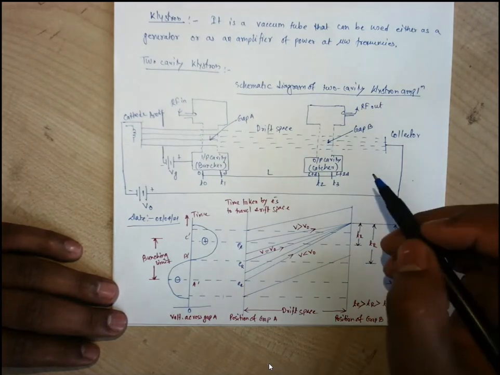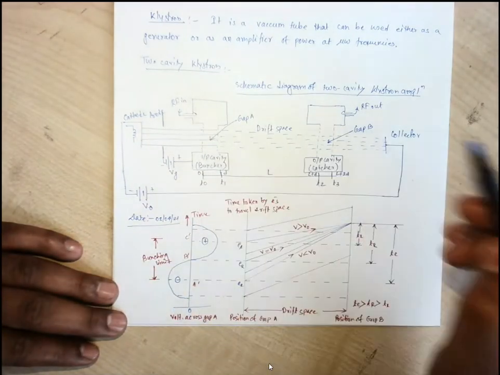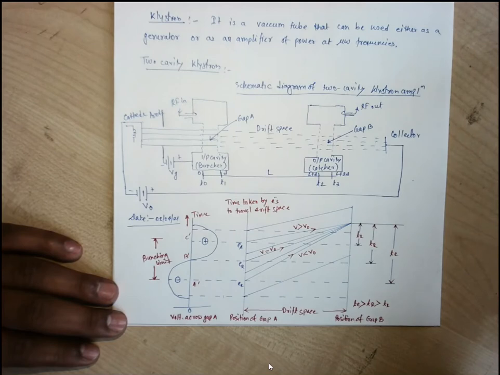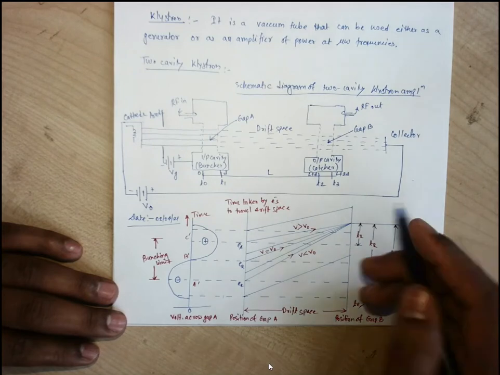Obviously, in the electron beam there is not a single electron or two electrons, there are so many electrons. When all of them meet at a certain point, they will form a bunch of several electrons. Okay, so that is the bunching point.